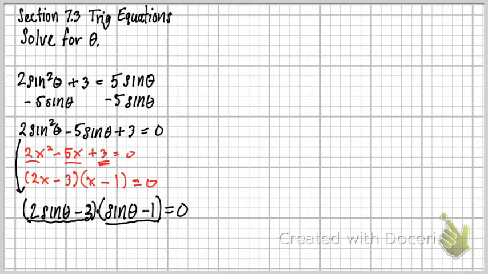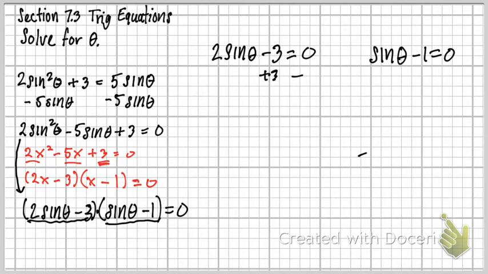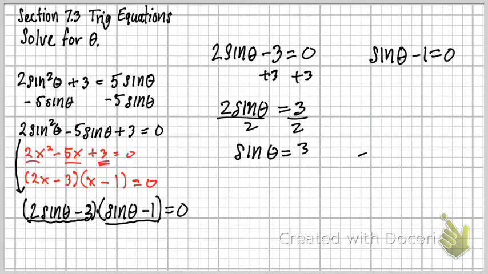So now all I'm going to do is set those both up. So now on the first one, I'm just solving for sine of theta. And this is kind of how we start these. So I'm going to add 3. So this is going to be 2 sine of theta equals 3. Then I'm going to divide by 2. So I'm really looking for the sine of theta equaling 3/2.